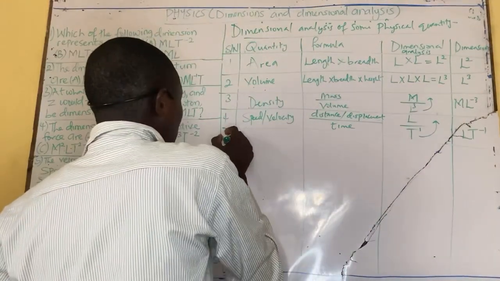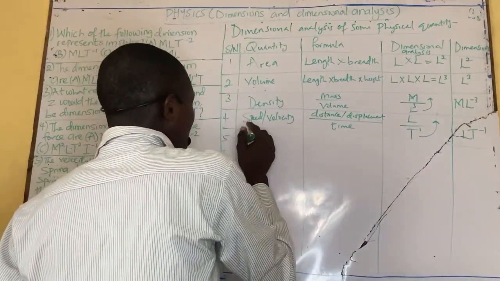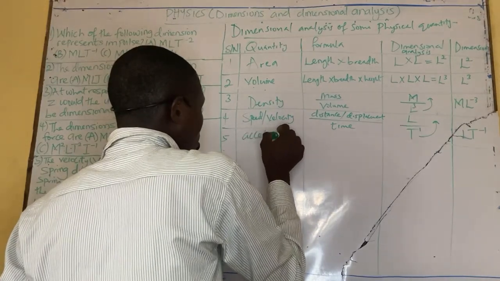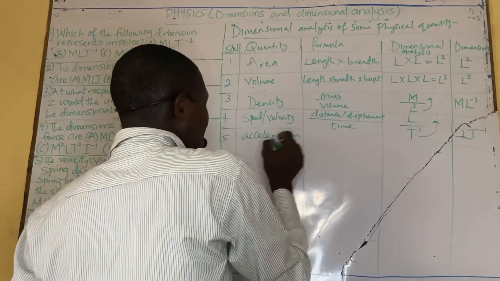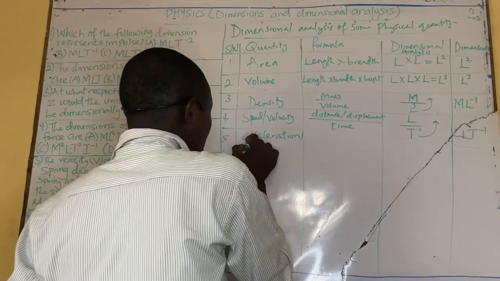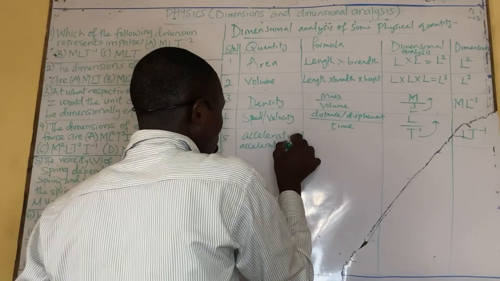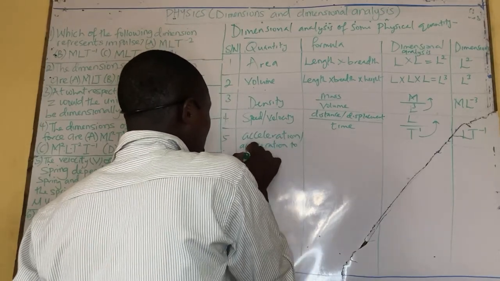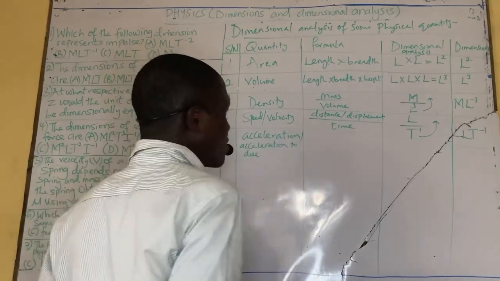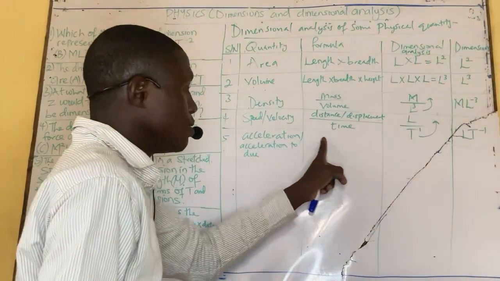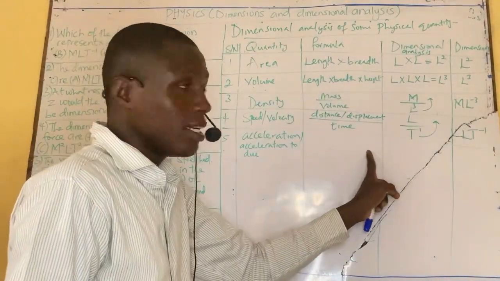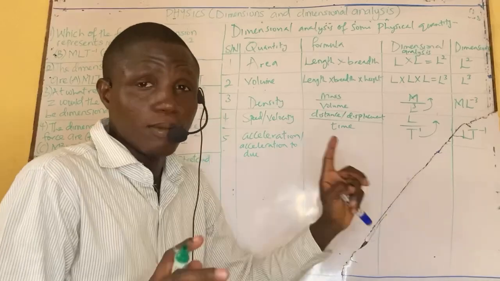Now the other one is acceleration. Both acceleration and acceleration due to gravity, don't be confused. Acceleration due to gravity and acceleration are the same thing. Their units and dimension are the same. Please note that.